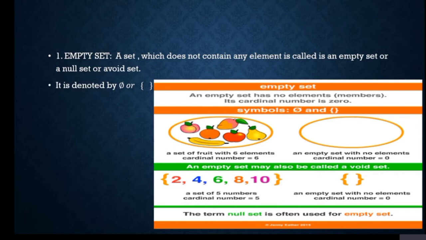It is denoted by phi or this type. There is no element in it. See here one picture. Empty set is given here. An empty set has no elements. Its cardinal number is 0.